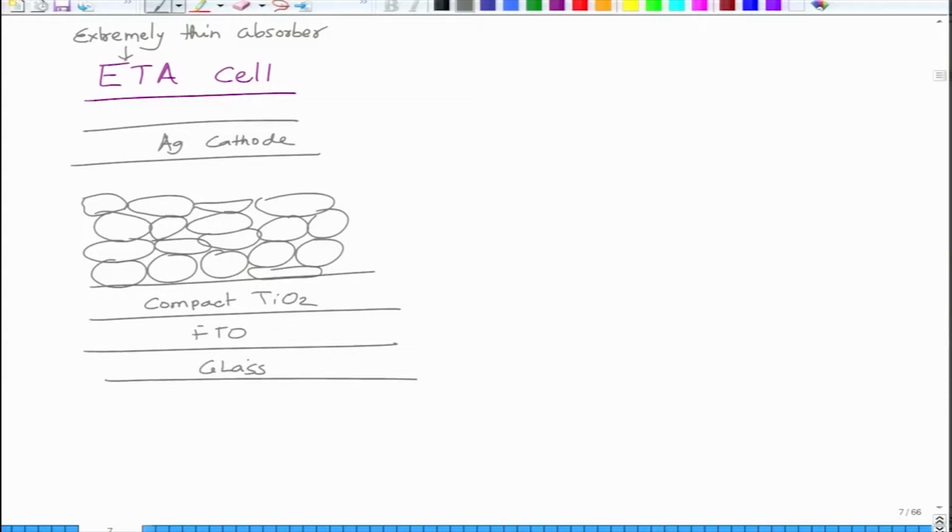The difference was that here we put a material which was not a dye but an extremely thin layer of absorbing material. The concept is similar, but you change the material. Okay. So, all these particles were coated with this absorber layer.